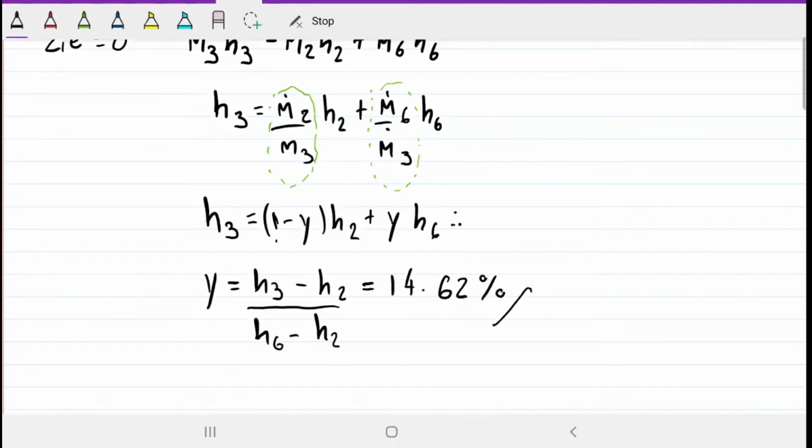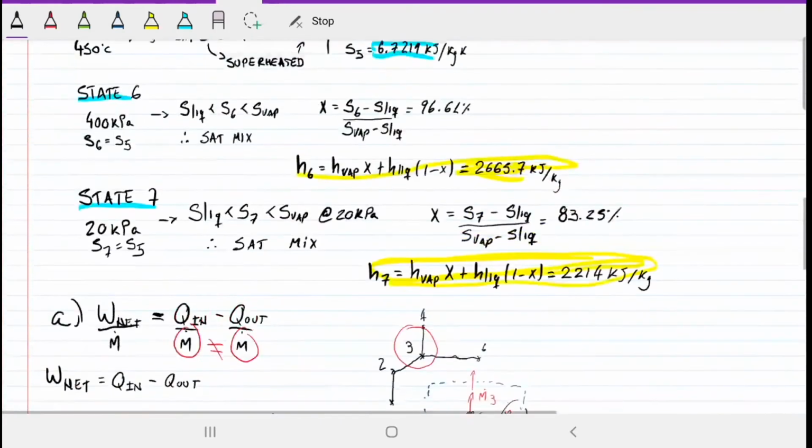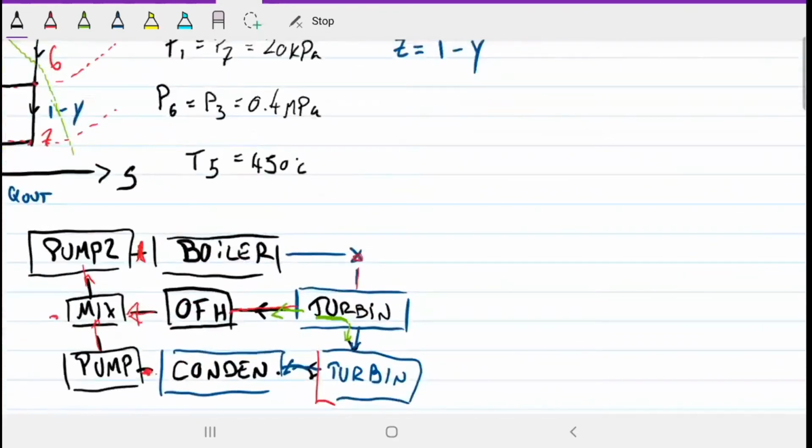Okay, so what is that telling us? About 15%, let's approximate it, of the mass of water that's flowing through the system goes into our open feedwater heater, and the 85% goes into the second turbine, right? So let's have a look at the system again.